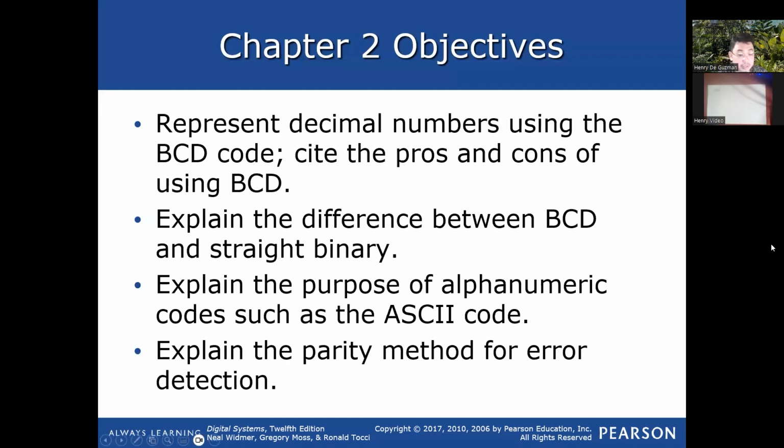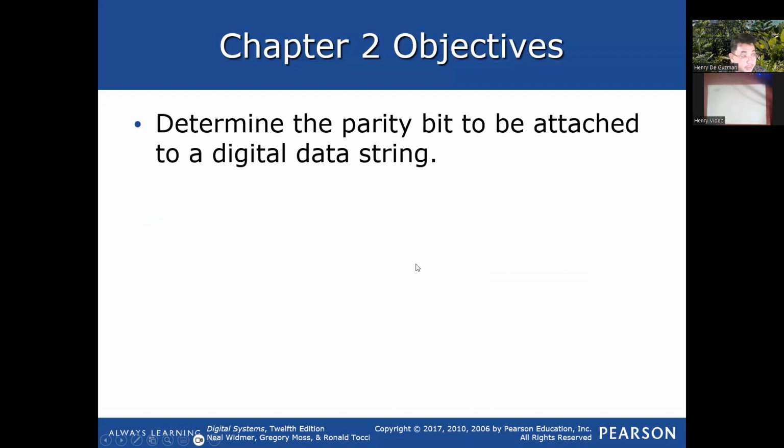Then explain the parity method for error detection. As of the moment, here in chapter 2, we only explain the technical methods for error detection, like in our networking topics. Then lastly, determine the parity bit to be attached to a digital data string.